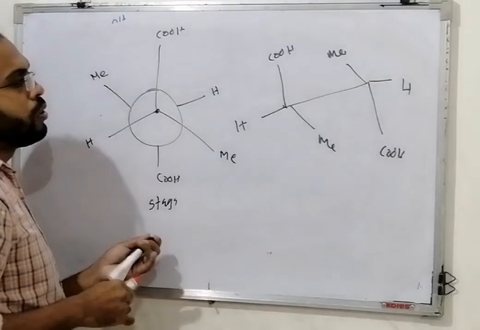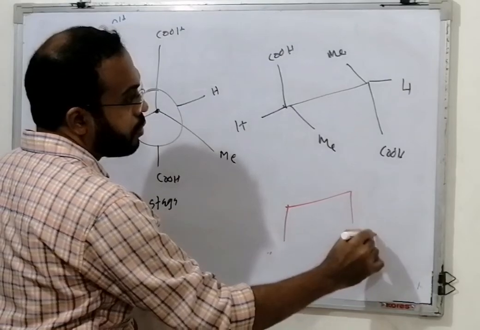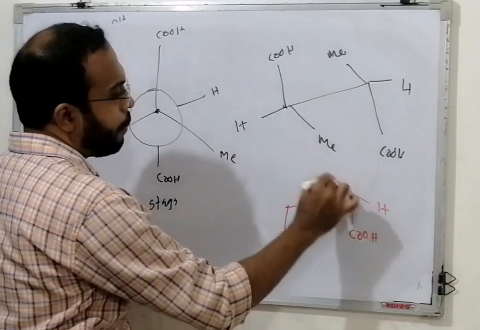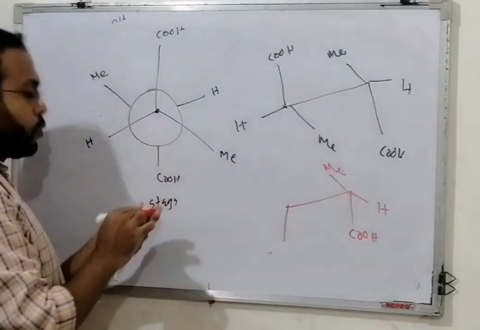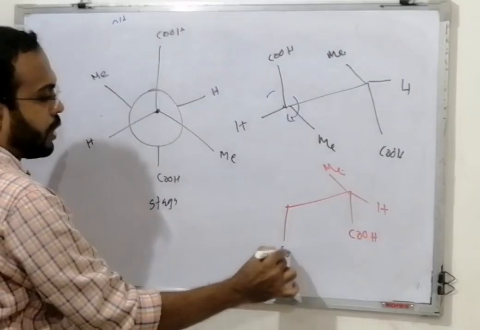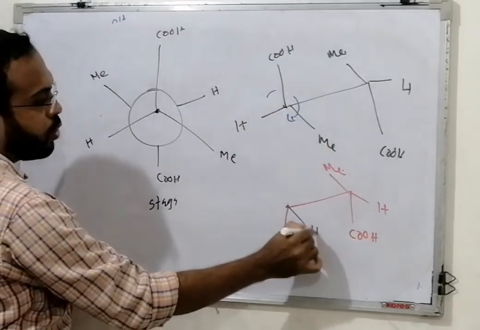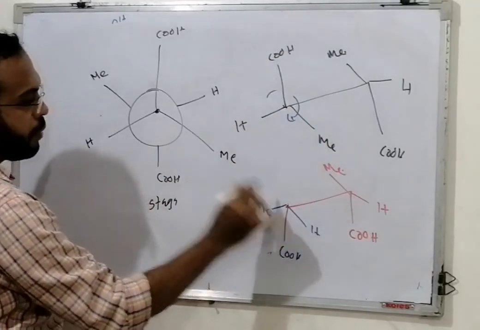Now you want a down, down. For that back is already down: COOH, H, Me. Now you want to make the front carbon down. For that you just rotate. When you rotate this carbon, this position now H, this position now Me.